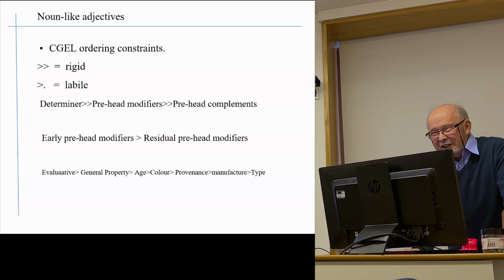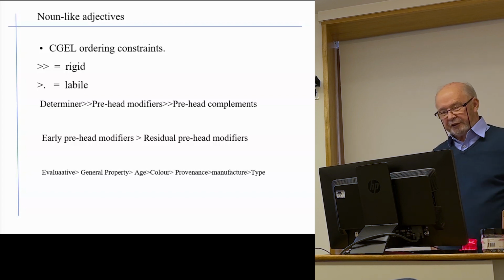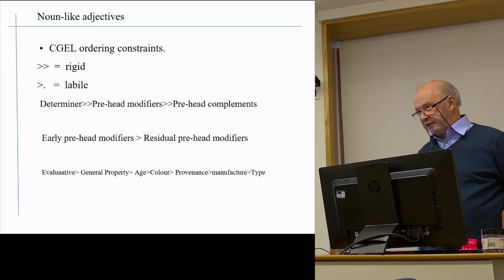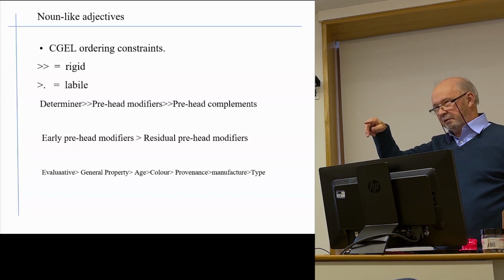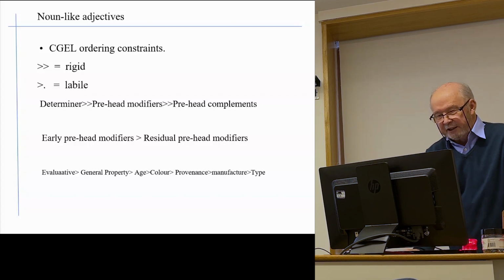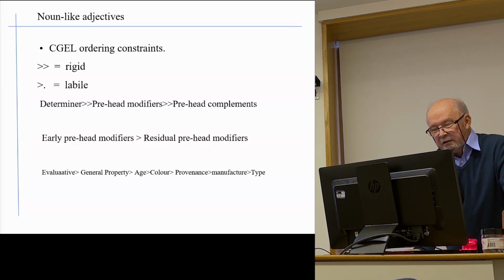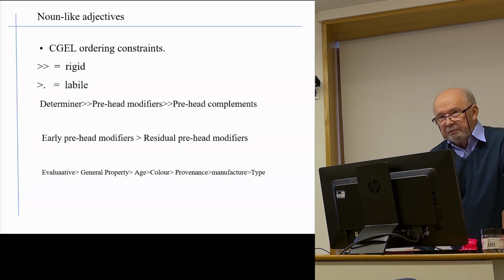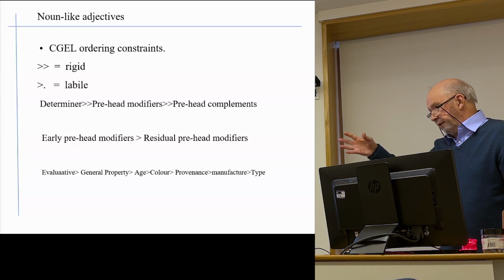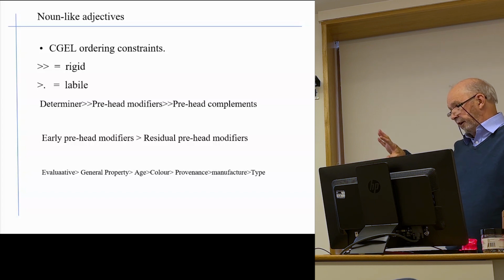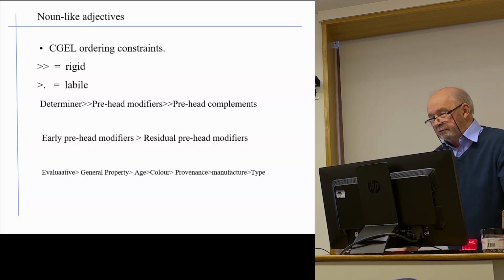CGEL has ordering constraints for noun phrase dependents. And there are two types: rigid, supposedly, ordering constraints, which are marked by the double bracket, and what are called labile ordering constraints, which are relatively free, although there might be a preferred order. You can depart from that for various kinds of contextual reasons.